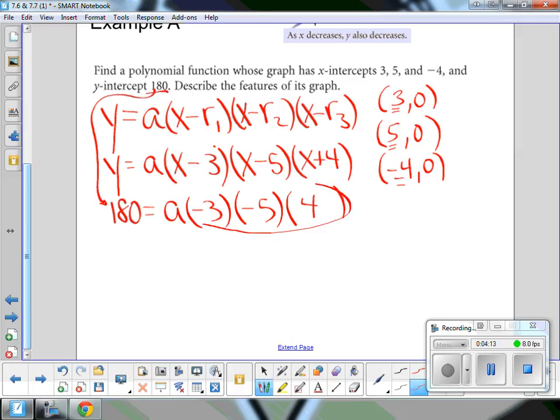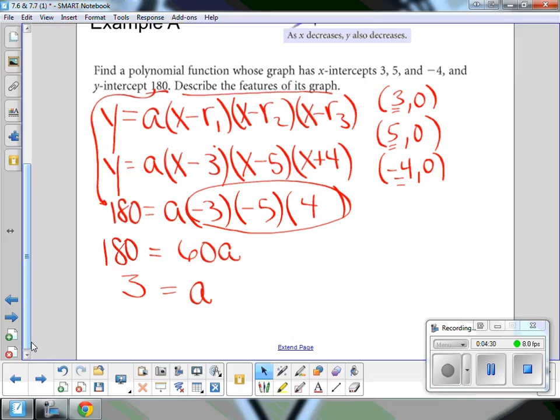So all of this is 60. A equals 180. And when you divide both sides by 60, A must be 3. So A is 3. We're going to graph it and describe the features of the graph. So what we're going to graph is 3 times x minus 3 times x minus 5 times x plus 4.